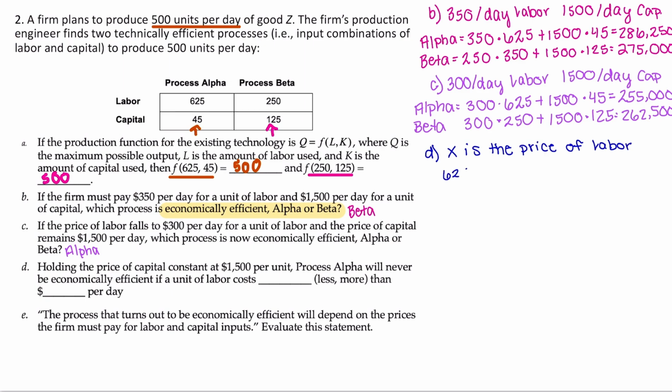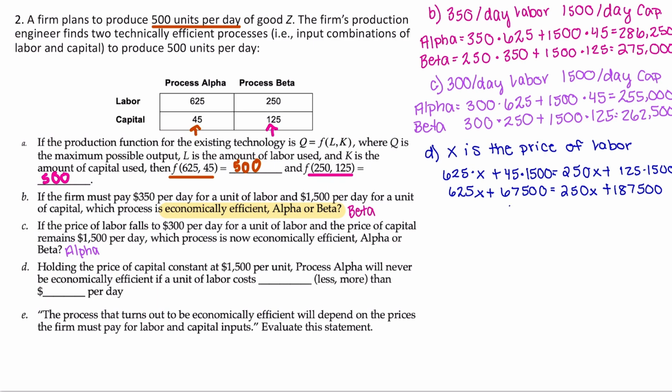So 625 times X plus 45 times 1,500 equals 250X plus 125 times 1,500, which is going to turn into 625X plus 67,500 equals 250X plus 187,500. And we're going to solve that.